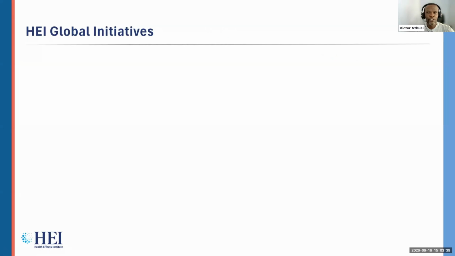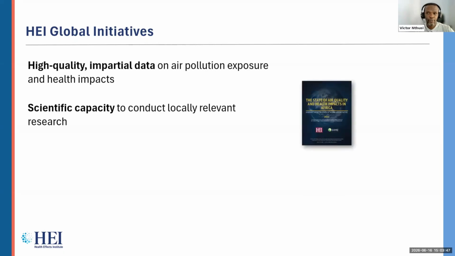Our global initiatives program works across various regions, Africa being one of them, South Asia, Southeast Europe. We do this through several pillars. You may already be familiar with our State of Global Air initiative that brings you the annual State of Global Air report, using GBD data, or high quality impartial data, to bring you air quality exposure and health impacts on a regular basis.